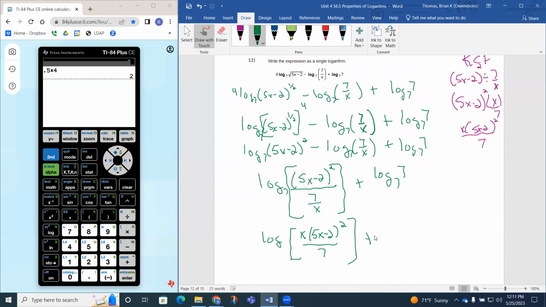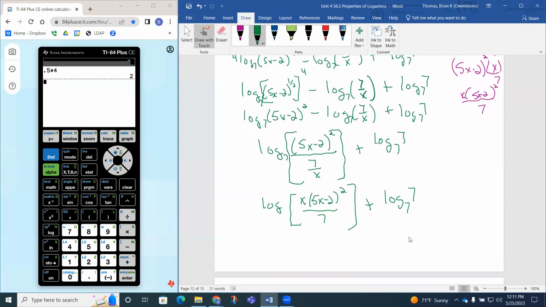And then we're going to add to that the log of 7 base 7. So since this is addition, these can go together as multiplication. So this becomes the log of 7 times x, 5x minus 2 squared over 7, and this is base 7.